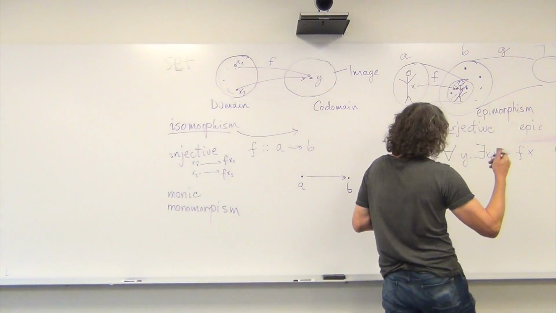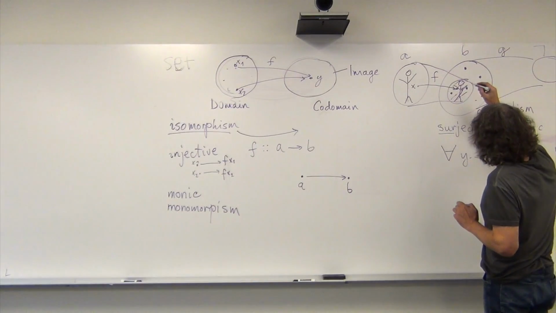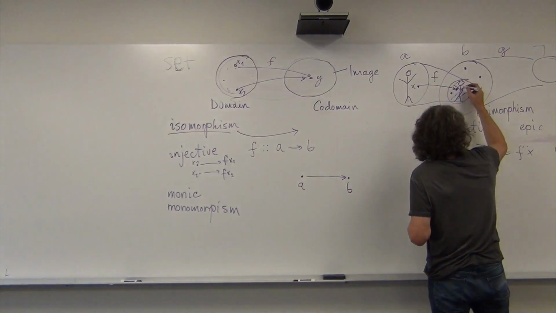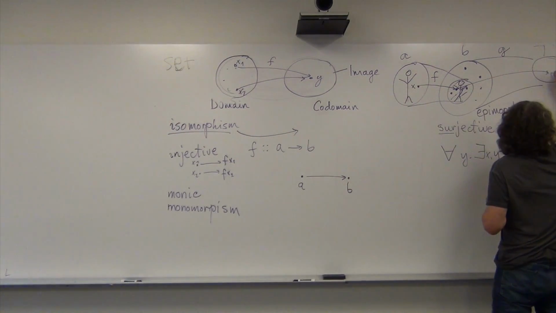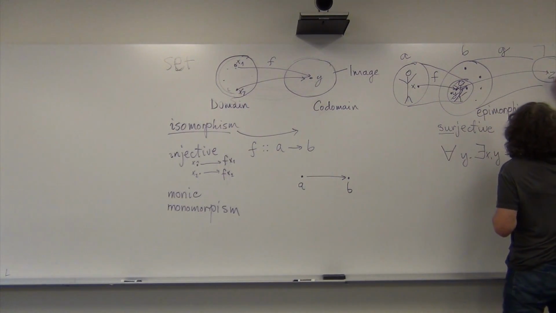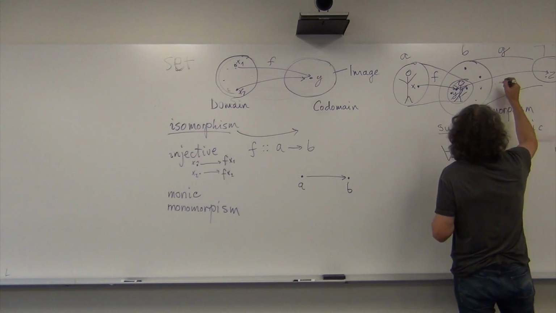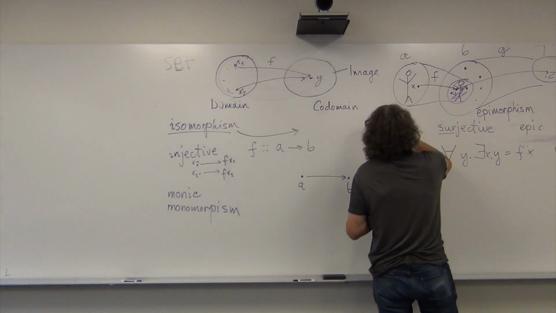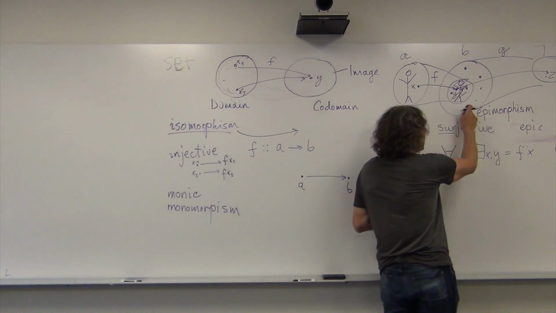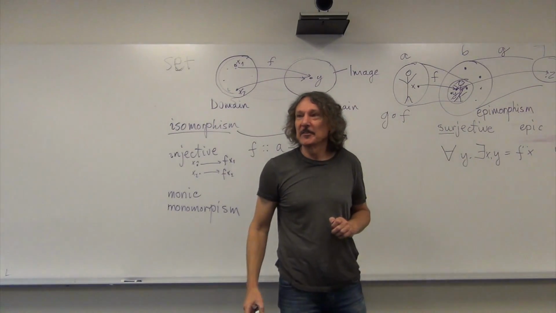So if I talk in terms of composition, if I compose this function f with g, then look what happens. This x will go inside the image, and g will take it to some, so this is, let's say, y, this is some z, right? Okay? So g after f will actually not probe this terra incognita, right?